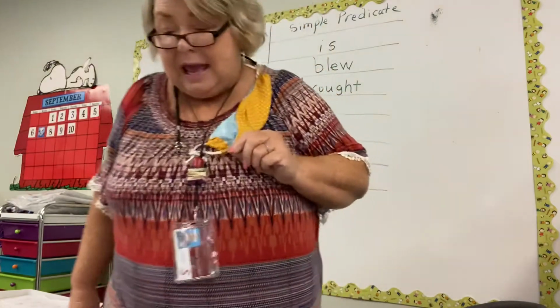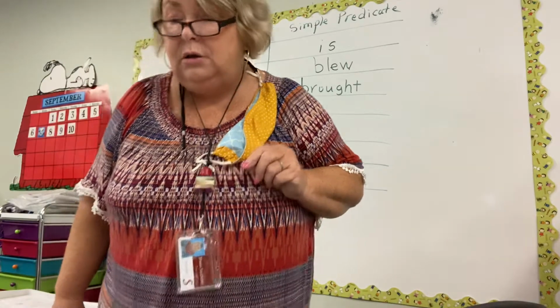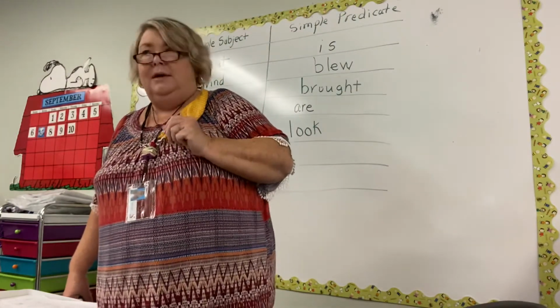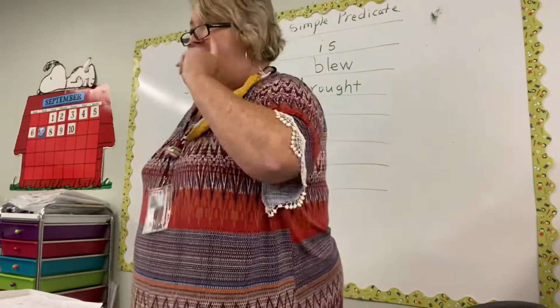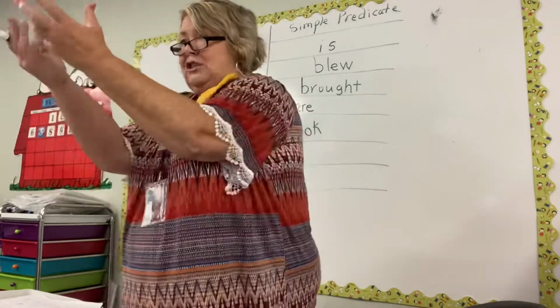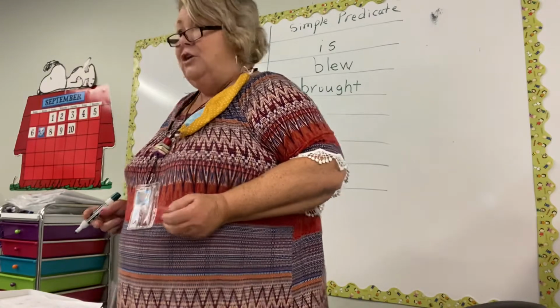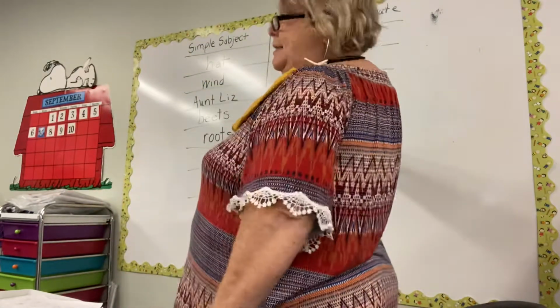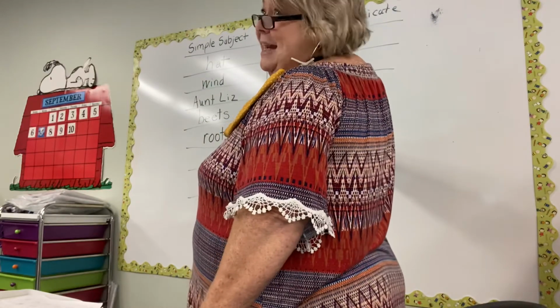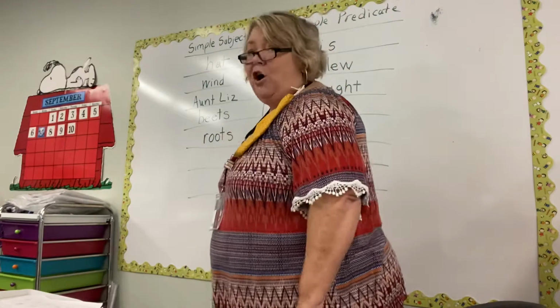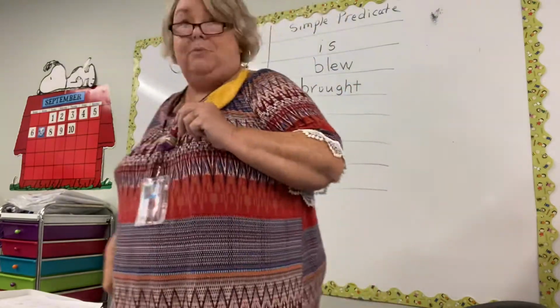And can a root see things? No. It's not living, it's a fruit or a vegetable, like a beet is a vegetable. So it's not looking at something, it looks like something, okay? That's what that means there. So in this case, look is the correct predicate, but it's not an action verb. It's a linking verb, okay? And we'll talk more about that when we get to our verb chapter in a couple weeks.